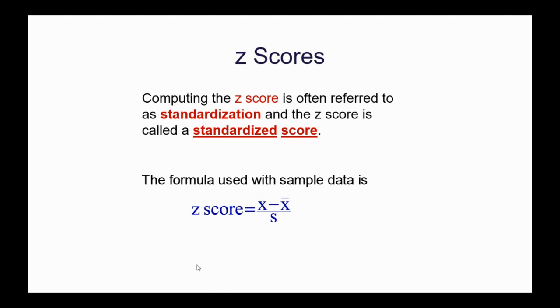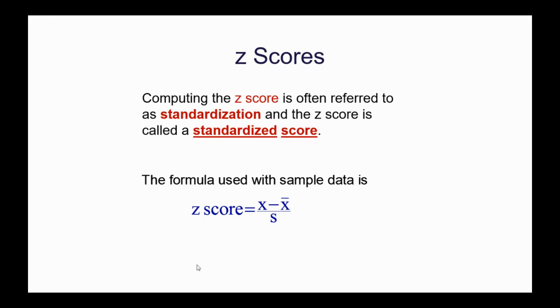The formula for sample data is z equals (x minus x bar) divided by s. x is our observation. x bar, this is the part at the very bottom of page 18, is your mean. s is your sample standard deviation. So x minus x bar divided by s.